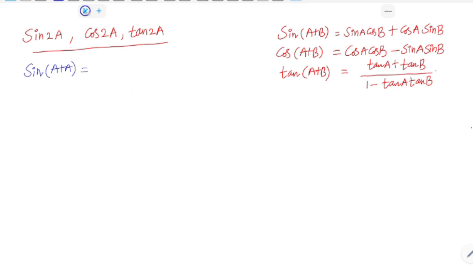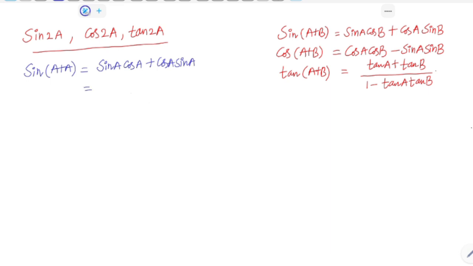Now, what is the formula for sine of a plus b? Sine a cos b plus cos a sine b. Therefore, it can be written as sine a cos a, because a is equal to b in this case, plus cos a sine a.